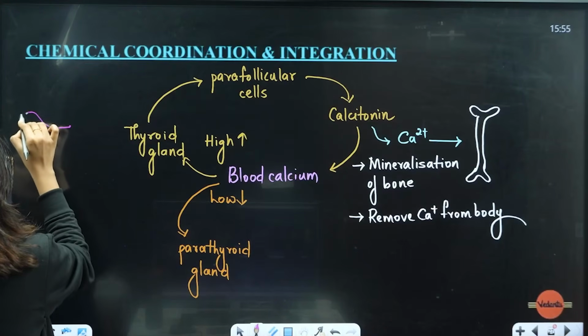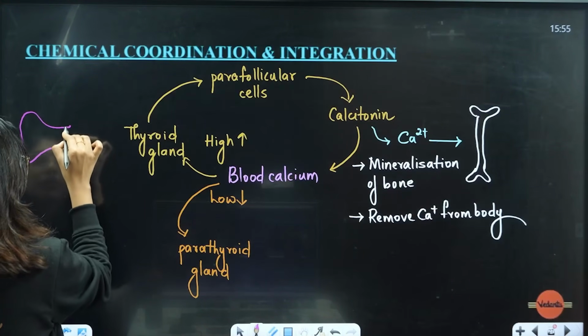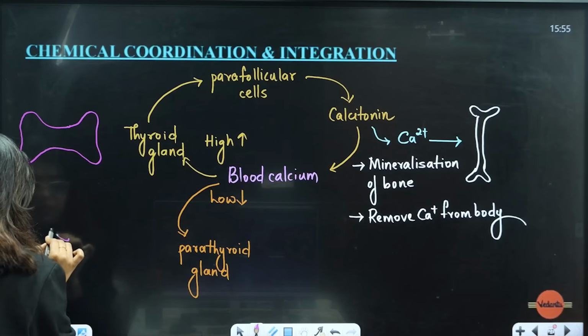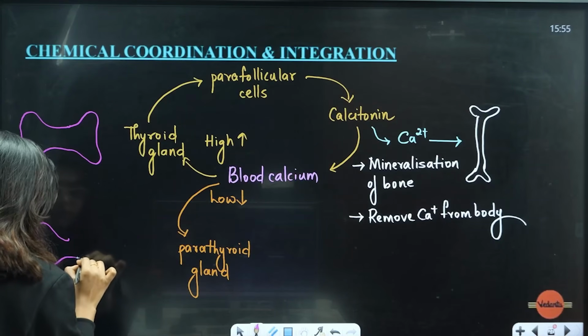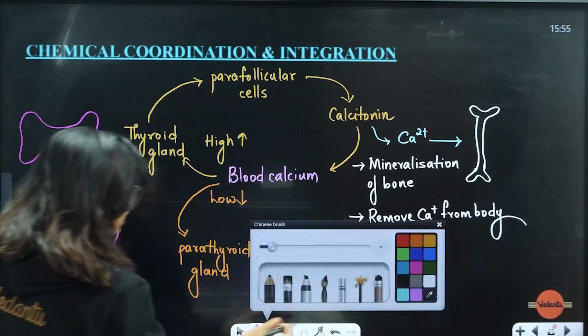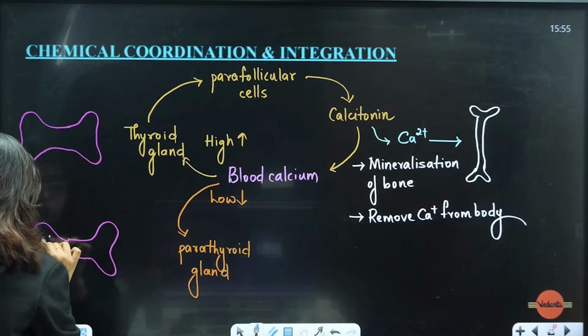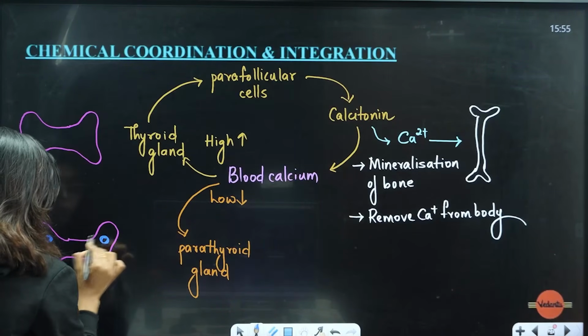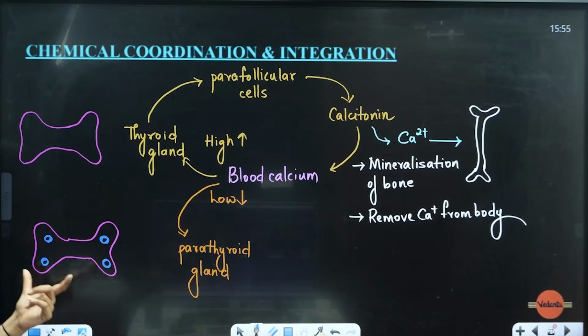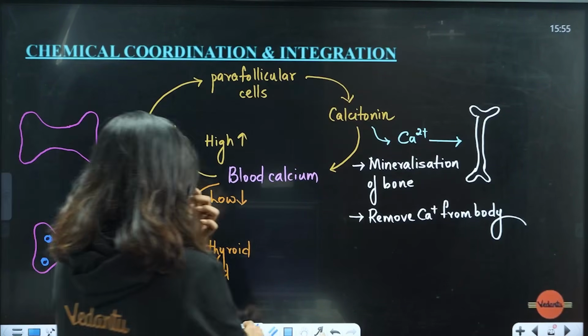On the back side of the thyroid gland, four pea-sized parathyroid glands will be present.